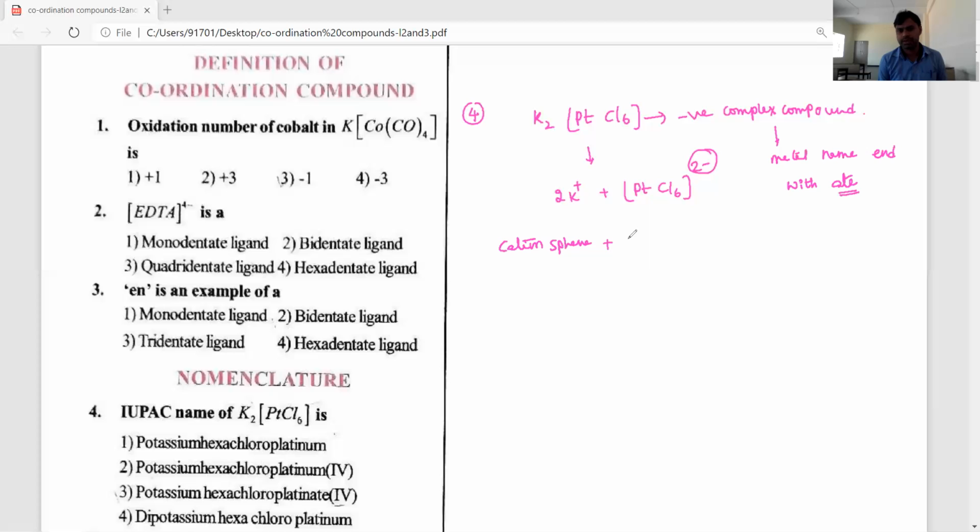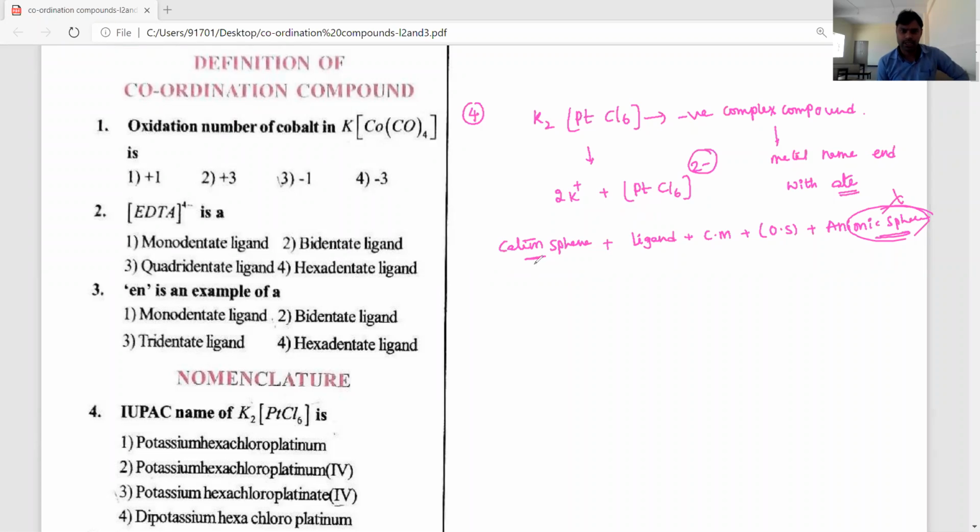In the coordination sphere, first we write the ligand names, then the central metal with its oxidation state in brackets, then the anionic sphere name. Here the anionic sphere is not present, just the cation sphere, and the ligands are negative chlorine ligands, so we end with O: chloro.